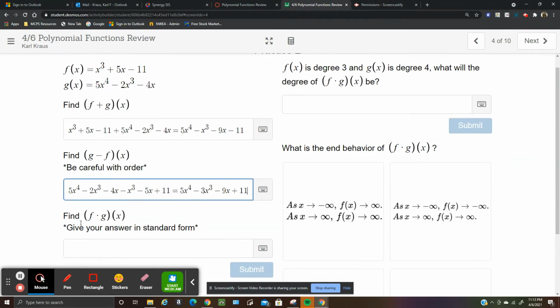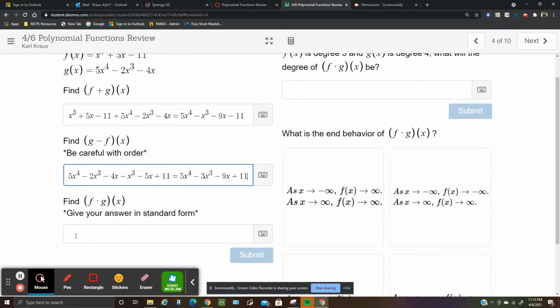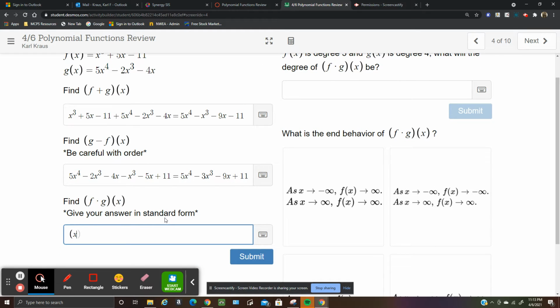And then multiplying them together, so you want to distribute the x cubed, the 5x to each of these, and the negative 11 to all these. So what does it look like if I would write it out in parentheses?